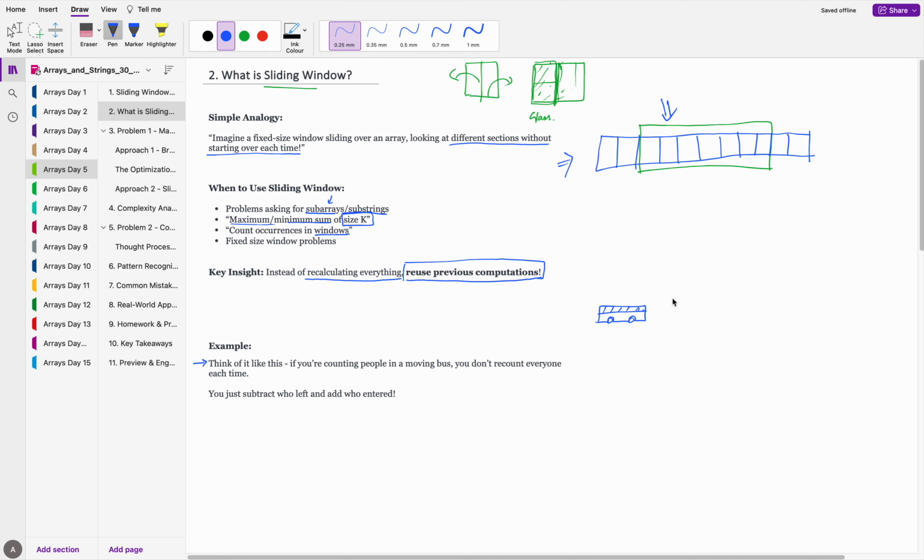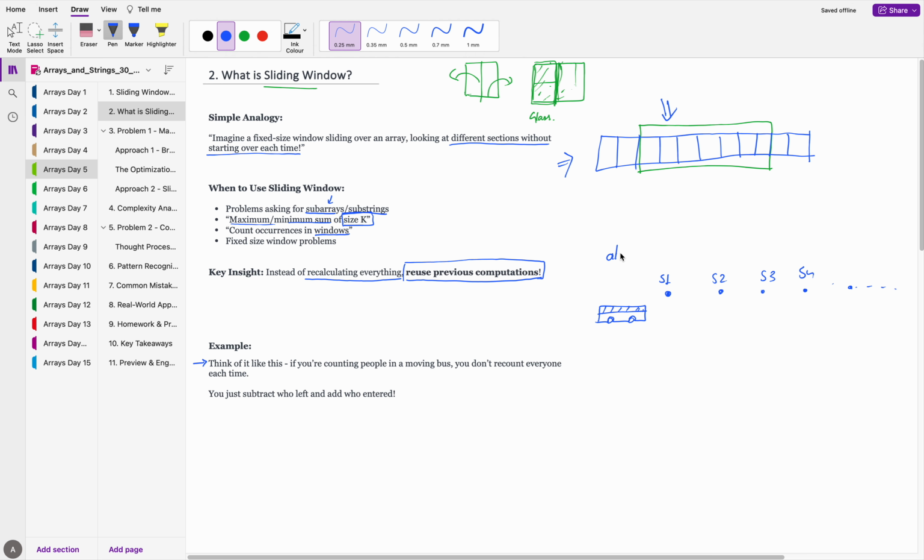This bus is going to travel from bus station 1, then bus station 2, bus station 3, bus station 4, and so on.